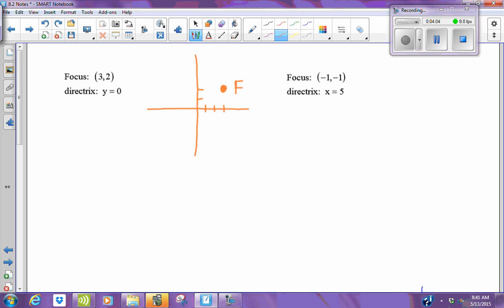So there's your focus. Your directrix is y equals 0. Now we struggle with that because we cannot figure out if that's the x or y axis. You ever have to sit there and think about that one? Which one is y equals 0? It's the horizontal one.